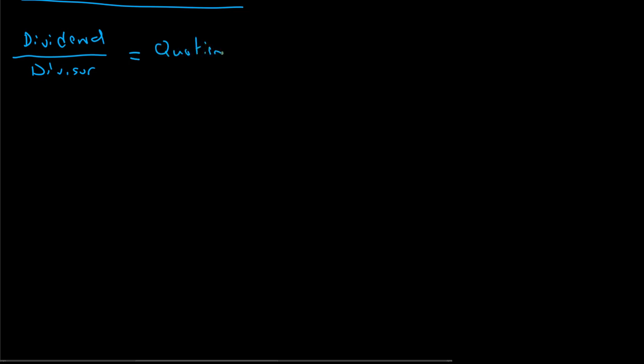So let's put these examples out. Dividend over divisor equals quotient plus remainder over divisor.